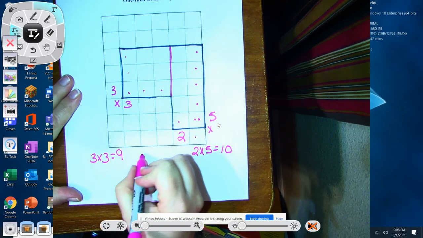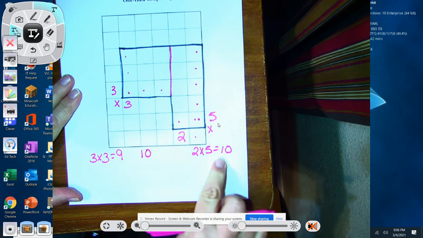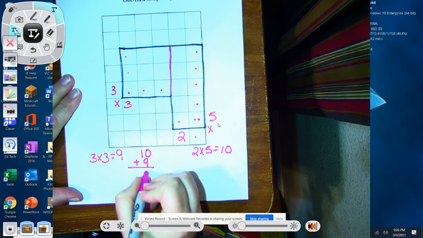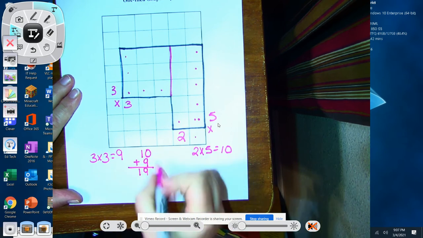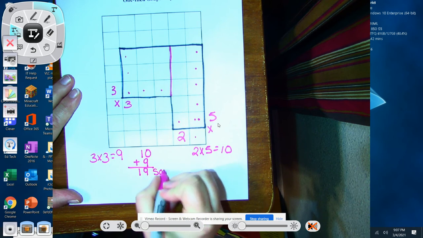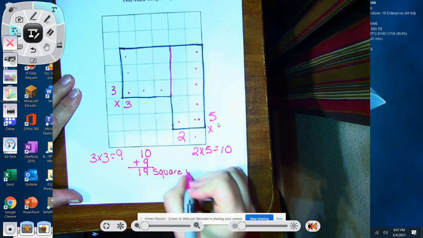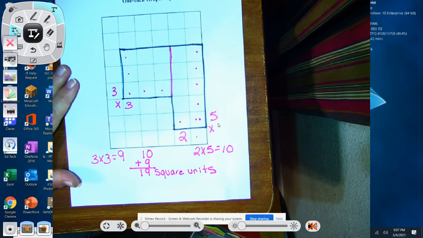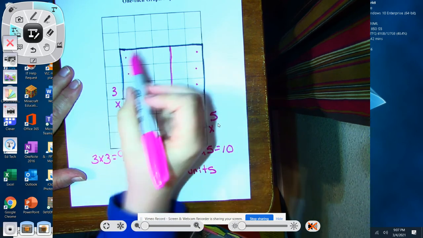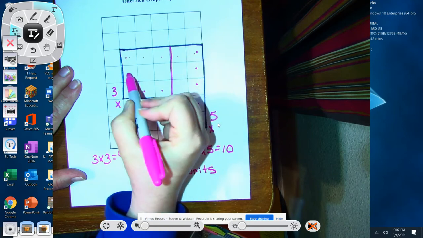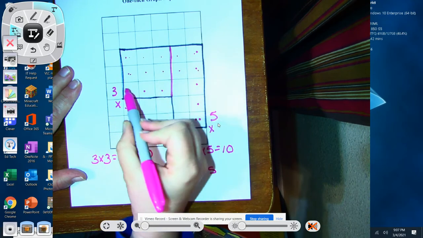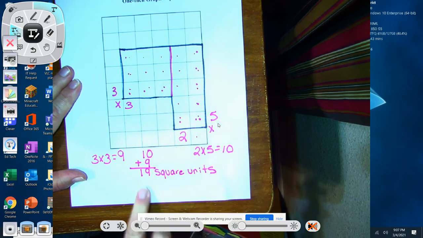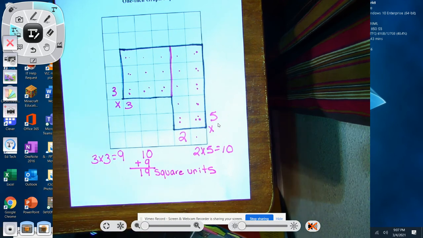Well, when I want to put something together, I add it. 10 plus 9 equals, I bring the 9 down, I have the 1, I have 19 square units. Okay, and I can count that, just to make sure. 1, 2, 3, 4, 5, 6, 7, 8, 9, 10, 11, 12, 13, 14, 15, 16, 17, 18, and 19. Well, yeah, 19. I got it.